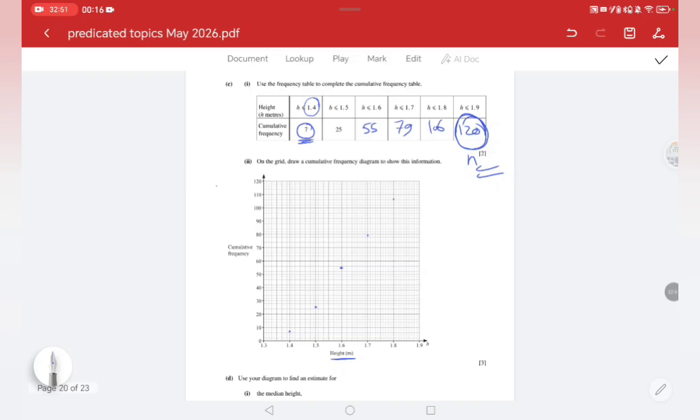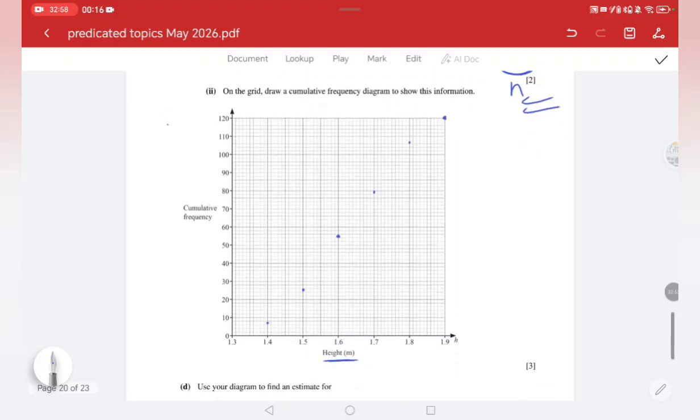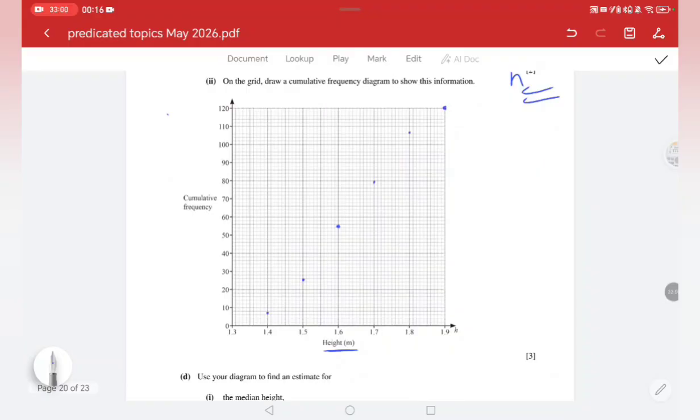Last one, 1.9 and 120. So this is the graph. Take care, this is not a bar graph or histogram. This is not a straight line. This is not a scatter diagram. So this is cumulative. Please make it a smooth line and curve, okay?